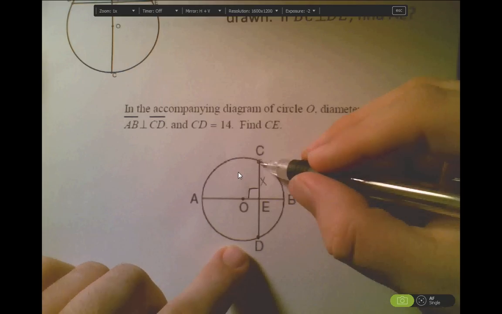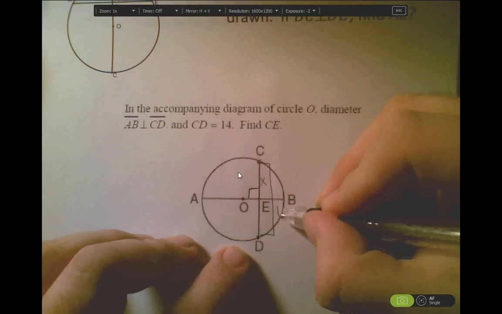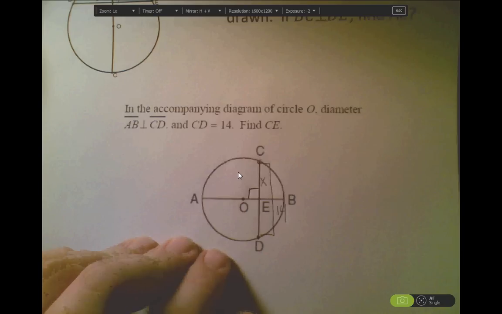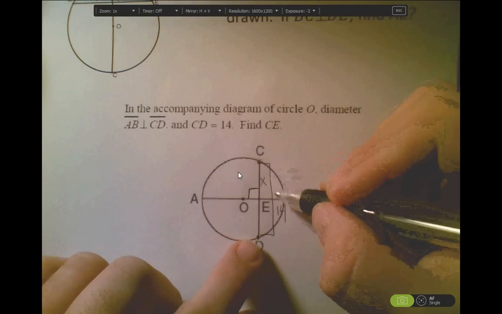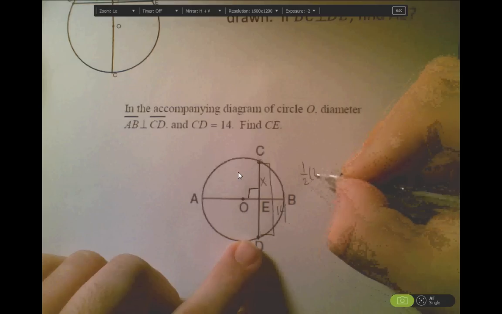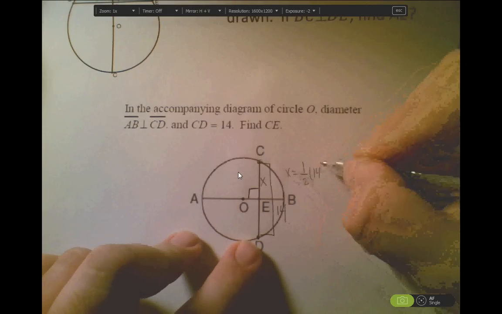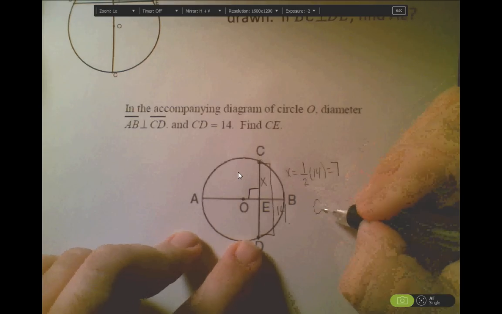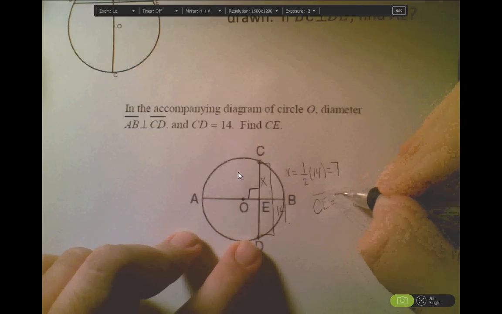I know the whole thing is 14. I know, using my theorem, that the fact that it's getting bisected, that this X is going to be half of the 14. So 1/2 of 14 is equal to 7. So therefore I can say that CE is equal to 7.